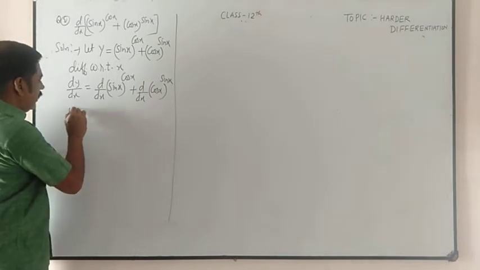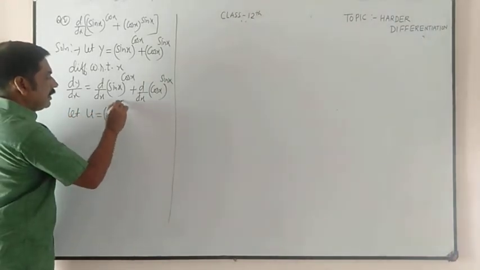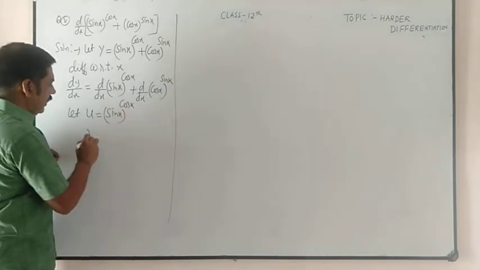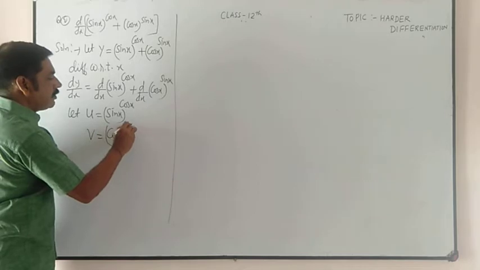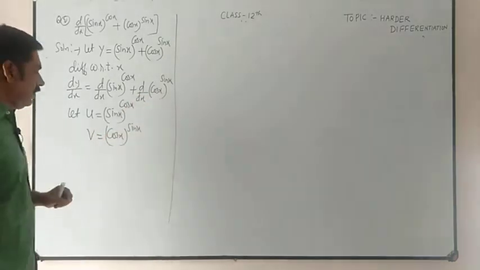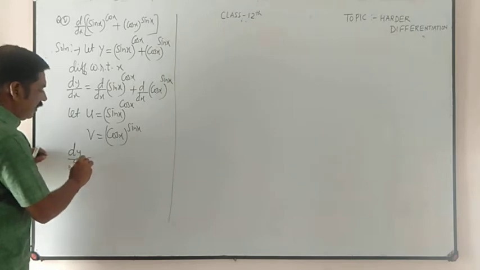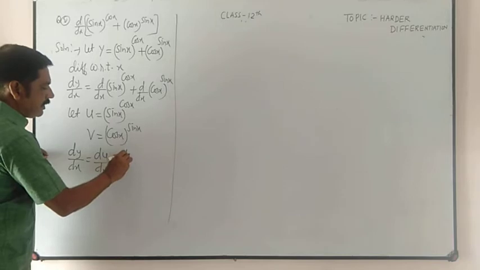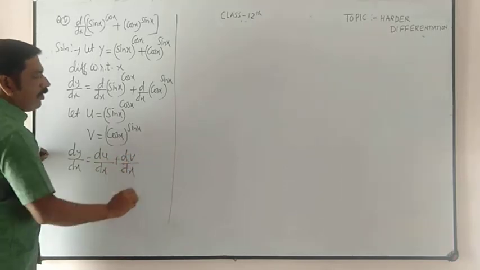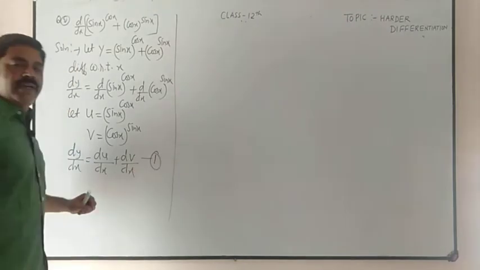So let u is equal to sin x raised to cos x and v is equal to cos x raised to sin x. Clear? So dy by dx is equal to du upon dx plus dv upon dx. So this is equation number 1.